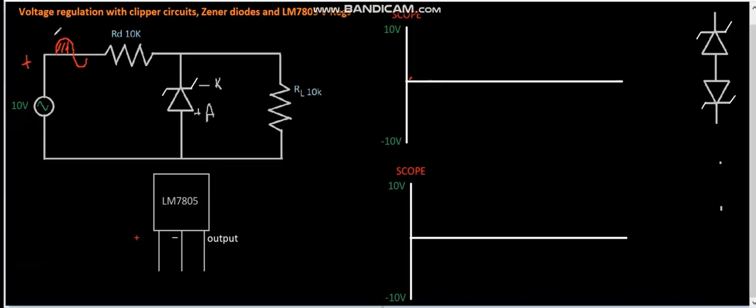And during the positive cycle, I've got this positive coming through here, and Zener diodes want to be connected reverse bias for them to be able to conduct.